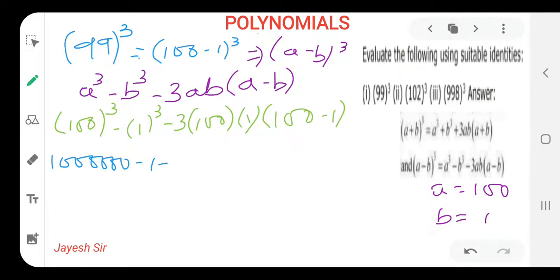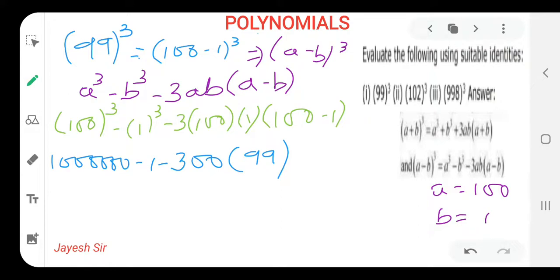Now we need to multiply this as per the distributive property I have explained in a previous class also. 3 into 100 into 1, that means 300 we will get. And 100 minus 1 is 99. If we don't want to solve it this way, we can solve with another method also, but let's solve with this method only.